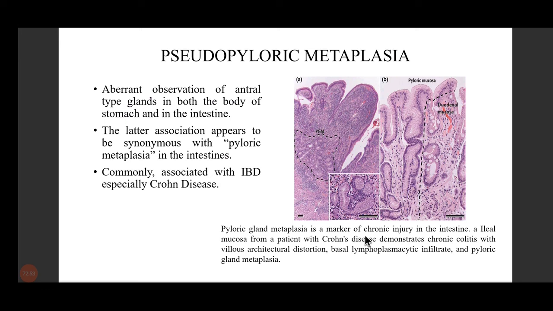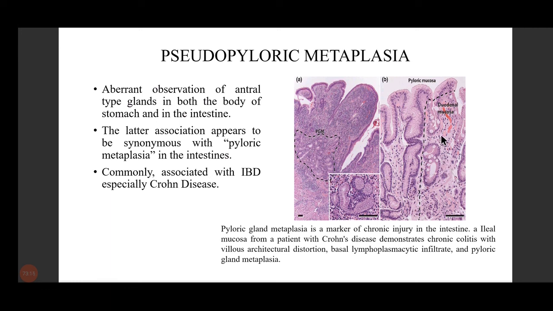Ileal mucosa from a patient with Crohn's disease demonstrates chronic colitis with villous architectural distortion, basal lymphoplasmacytic infiltrate, and pyloric gland metaplasia. I think this picture is quite clear. See, this is duodenal mucosa, intestinal mucosa.